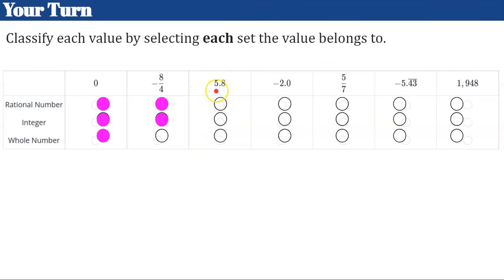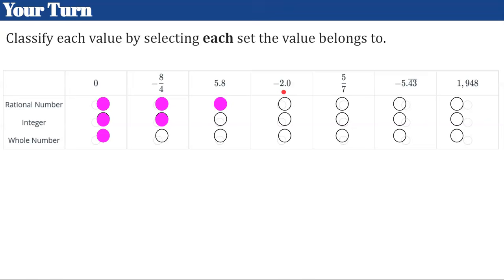Next, we have 5.8. Because it's a decimal, I know it cannot be an integer or a whole number, so it is only rational. Here's one that seems to trick some students: -2.0. At first glance, they tell me, well, it's a decimal. Well, it's written, but 0.0 is not what we call in math significant.